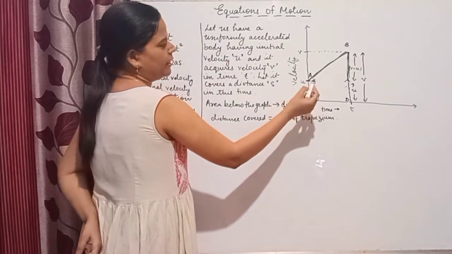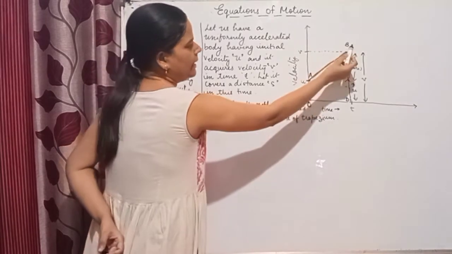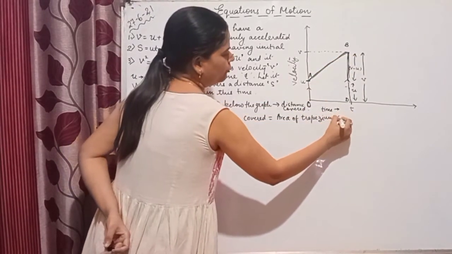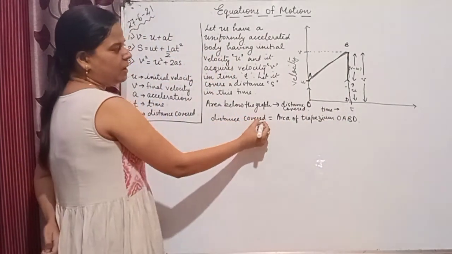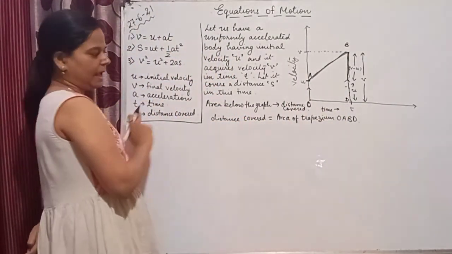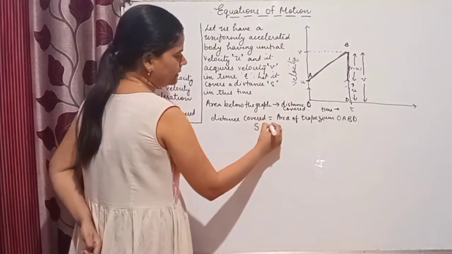What is the name we have given to the points? OABD. Area of trapezium OABD. Distance covered is represented by capital S. We have placed S here.